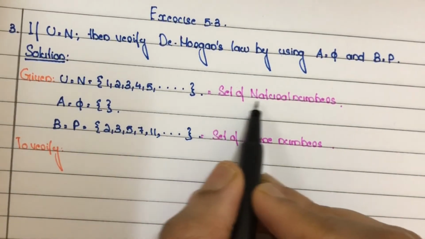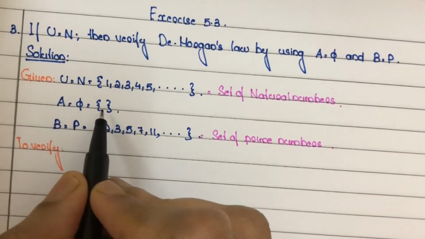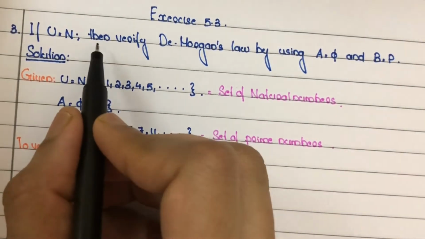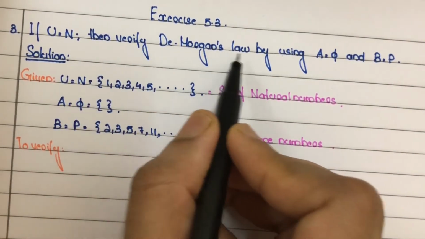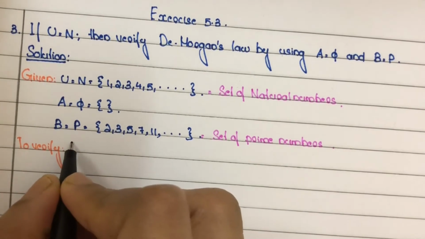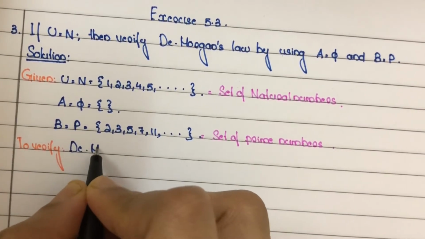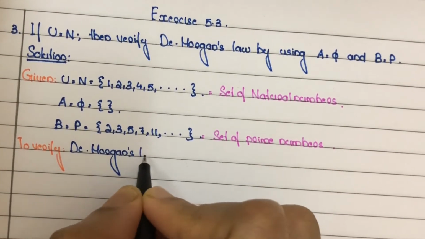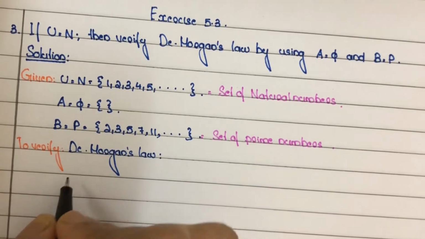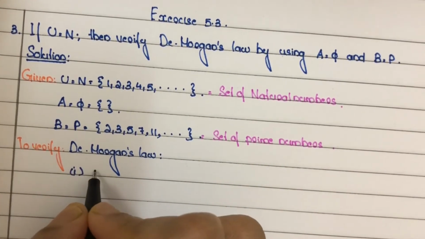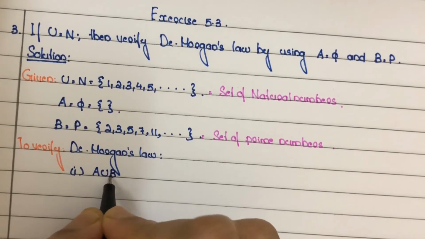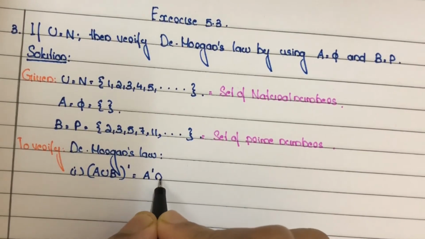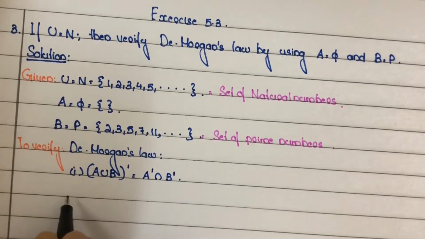Universal set is set of natural numbers. Set A is a null set and set B a set of prime numbers. Then the question is to verify De Morgan's law, right? So to verify De Morgan's law, the first law is A union B whole complement equal to A complement intersection B complement.